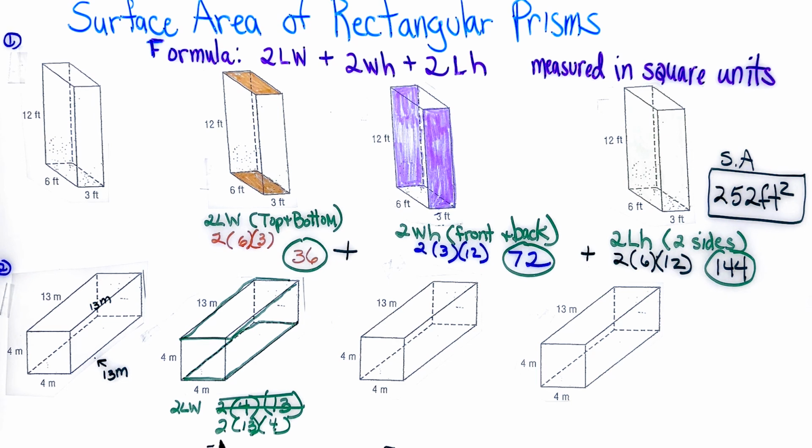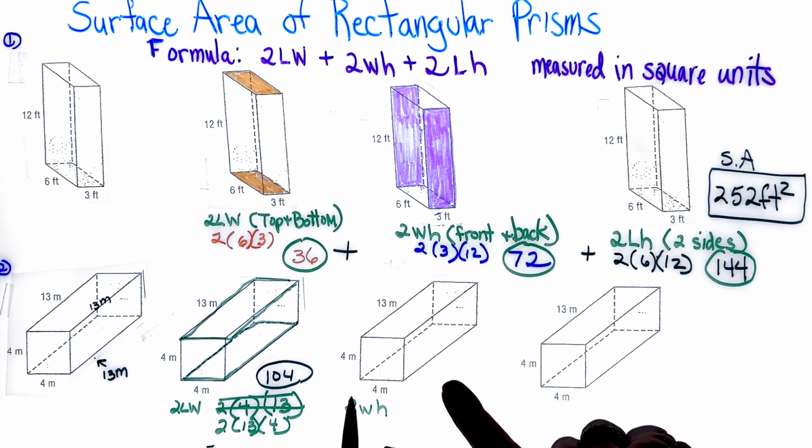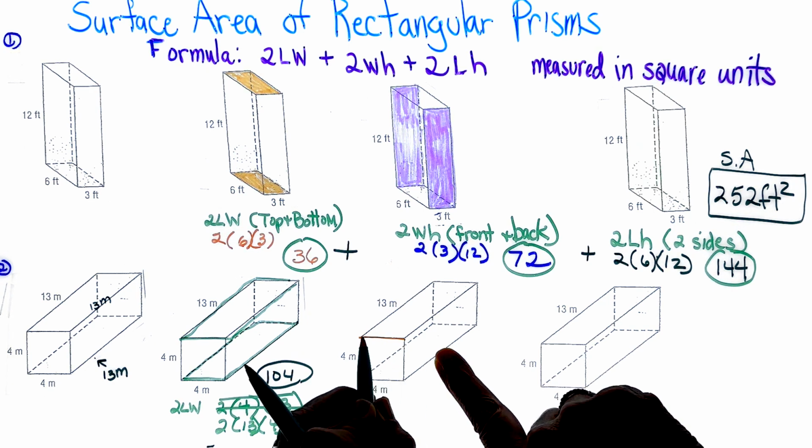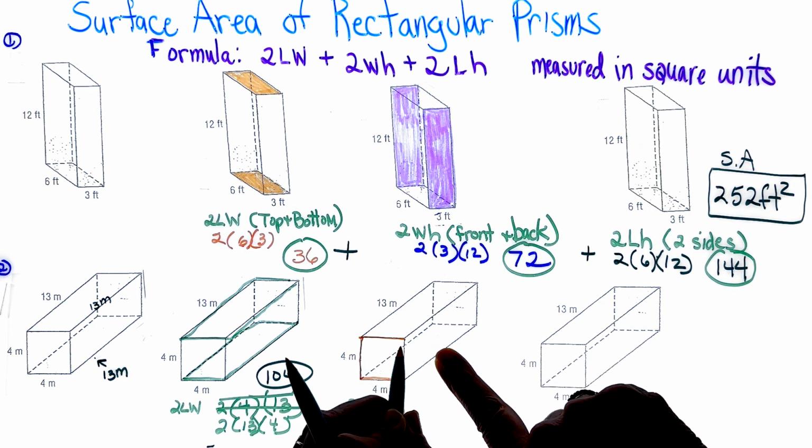So when we do 2 times 13 times 4, we end up with, and I'm going to write the numbers up here that we're going to add together, so far, 104 for our units. So for the next one, I have 2 times the width times the height. And again, that is our front and our back. So there's my front.